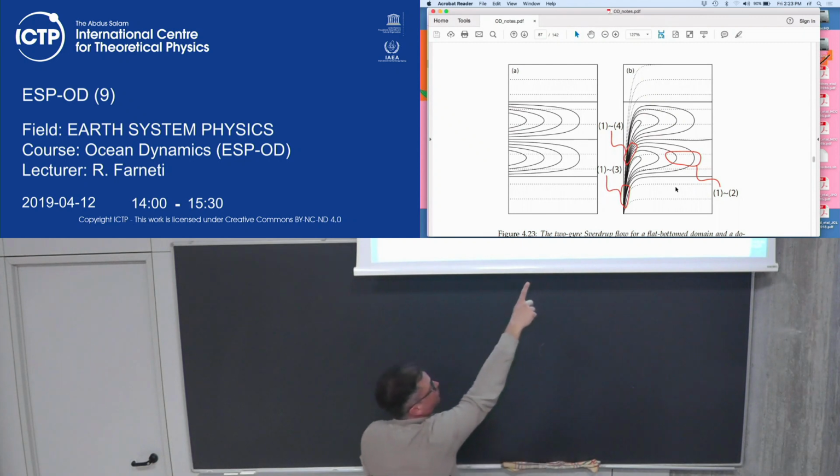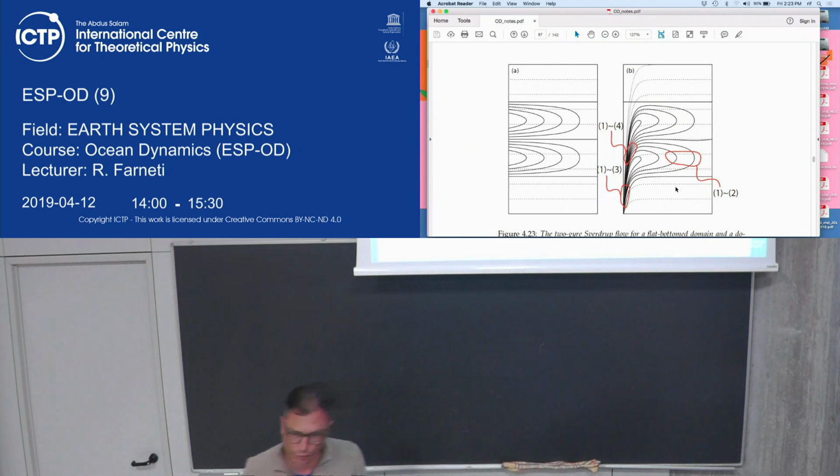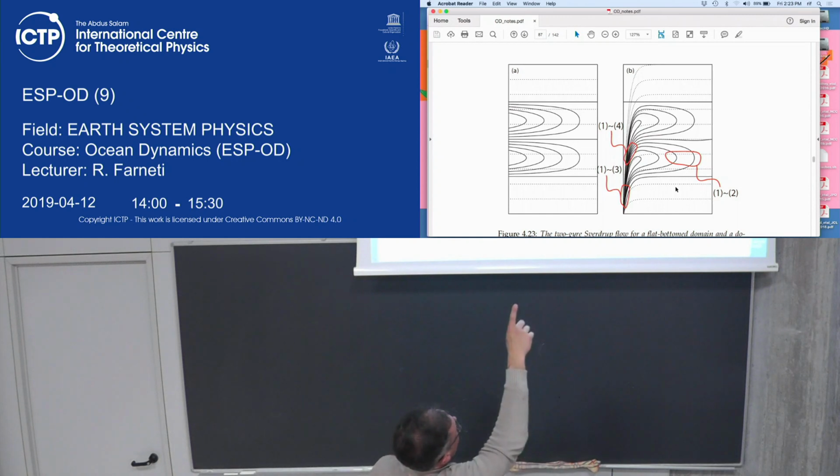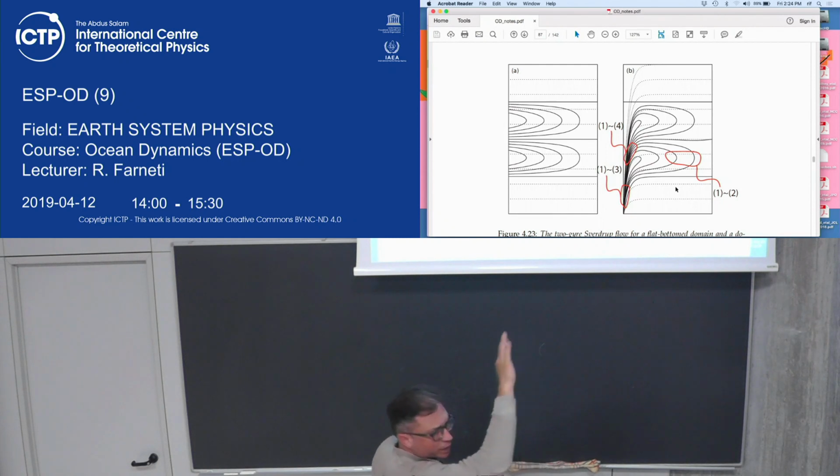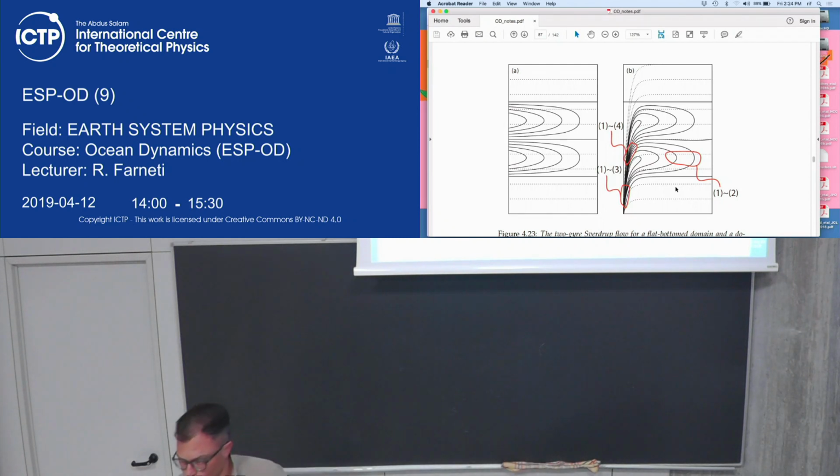Once you cross them, you don't need friction anymore. The bottom pressure stress curl provides the input of vorticity to change your planetary vorticity and return all the flow to the north. You do that by following f over h contours, which are not meridional anymore, but bend, just like in reality.